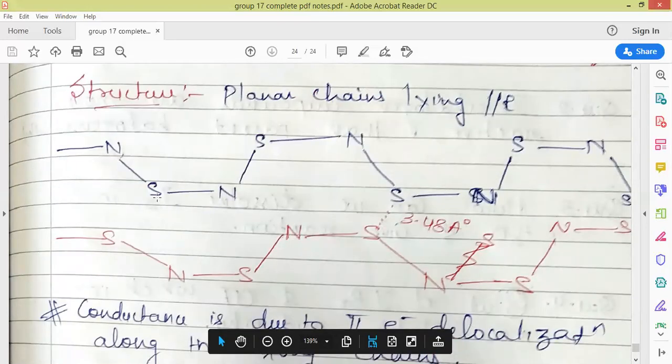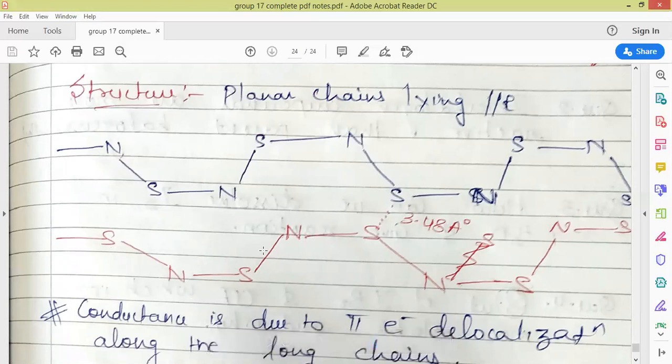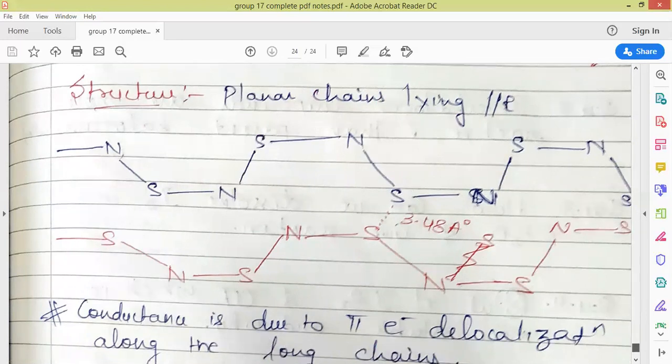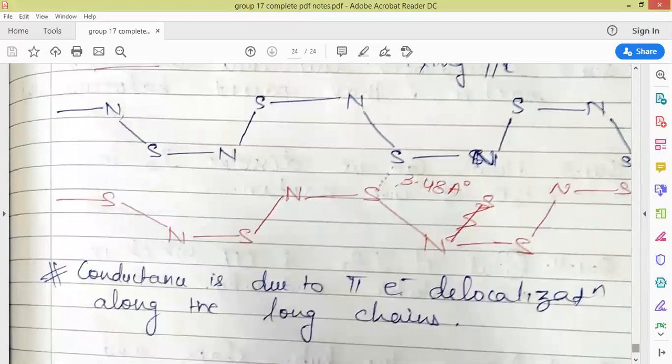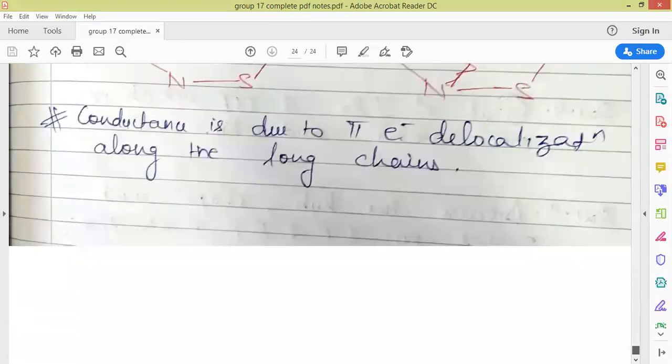Here this is the way nitrogen and sulfur are connected to each other, and these are present as parallel chains where the S-S distance is bigger than the van der Waals radius of S-S. And the conductance of this polymer is due to the presence of pi electron delocalization along these long chains.